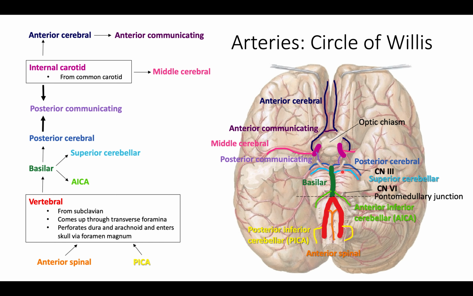Let's say that there is a berry aneurysm and it's pushing on this nerve. Well, cranial nerve 3 is going to the eyes to provide motor function. So if somebody is starting to have an eye that's turned down and out, that might be an indication that there is an aneurysm that's either ruptured or pressing on this nerve.